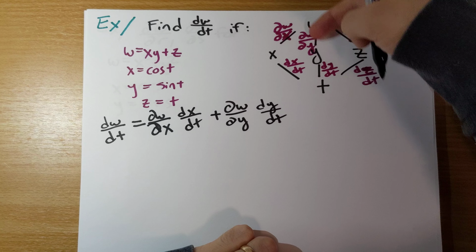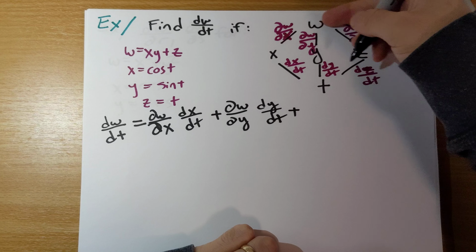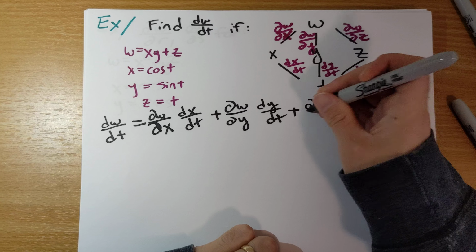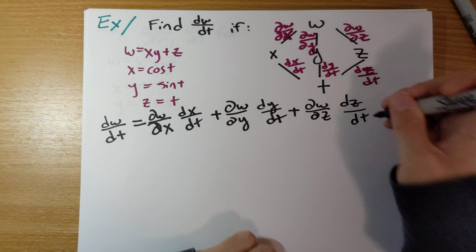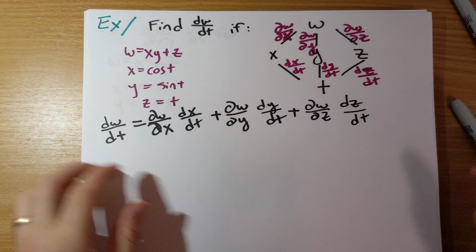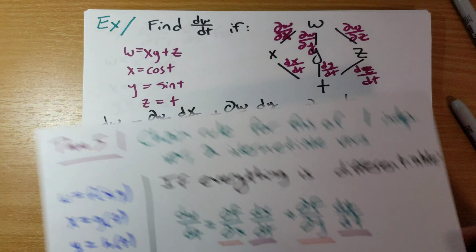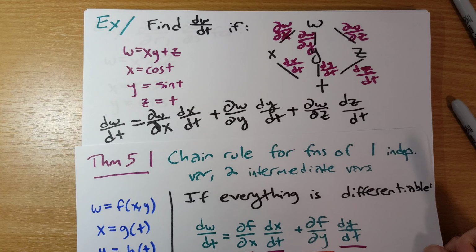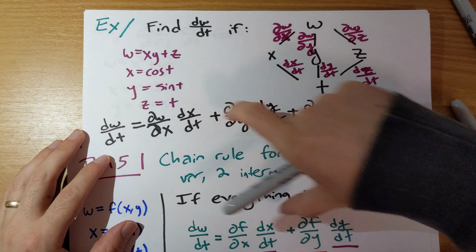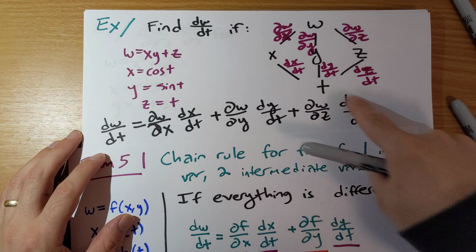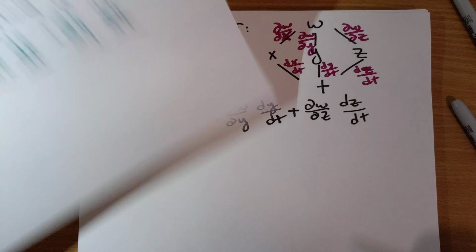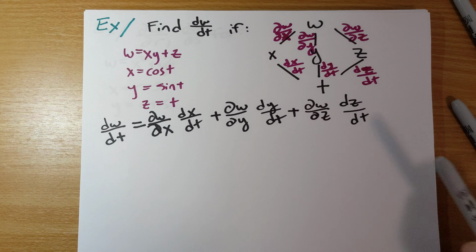First I did that path, then that path, and then the partial derivative of w with respect to z times dz/dt. You'll note that this formula is just like this one here, except that there is one more term tacked on. Now that we have a third intermediate variable, we have a third term.